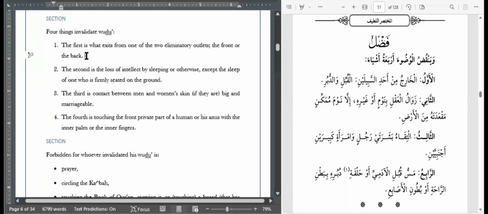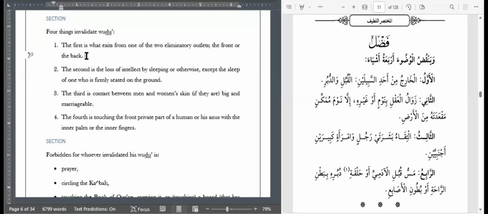And I mentioned for you that some Shafi'i scholars said that, in reality, there are 3 pathways, not just 2. 2 for the front, 1 for the back. They said, however, for the women, the 2 in the front are obvious, and for the men, the 2 in the front are concealed.